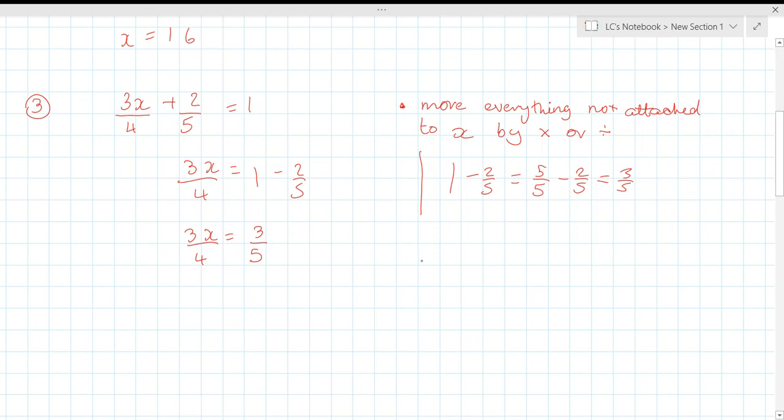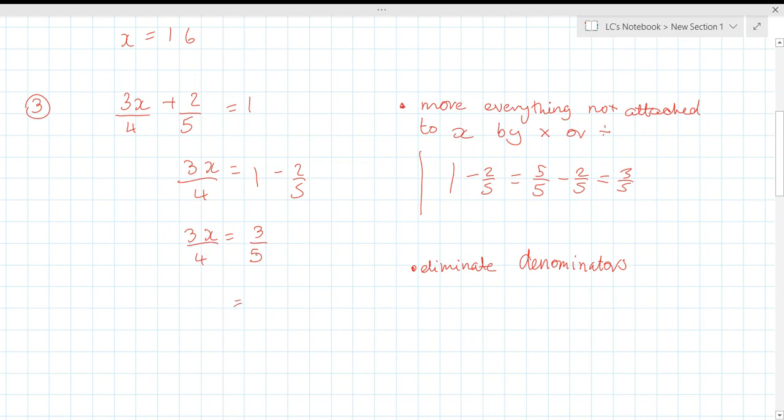So we are going to eliminate both denominators.